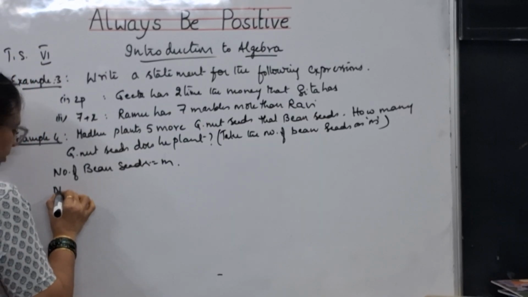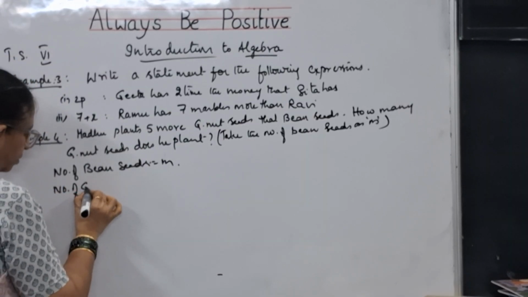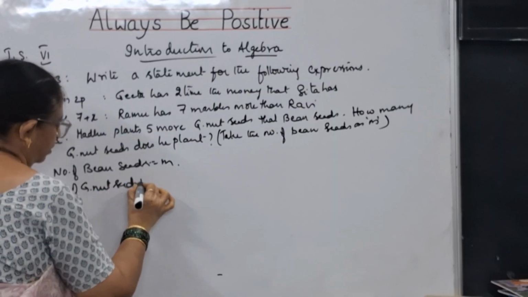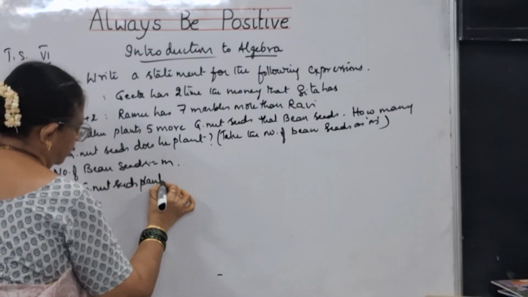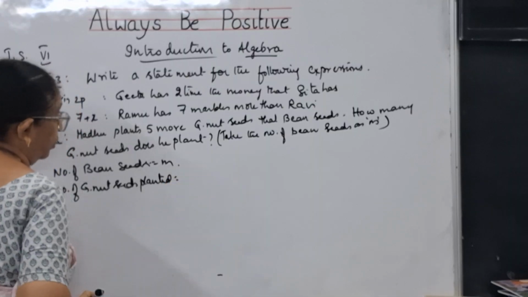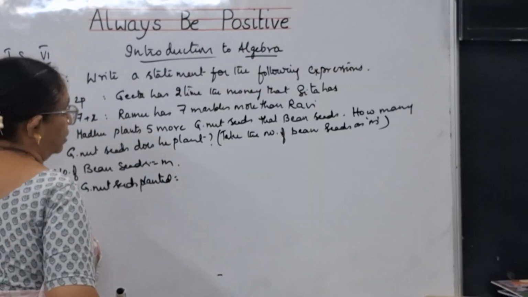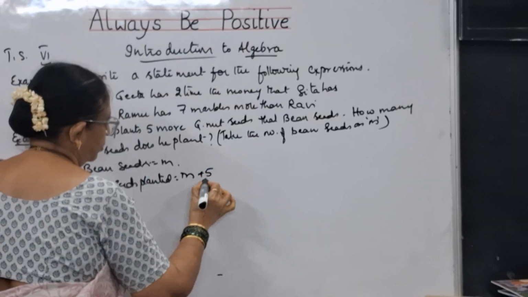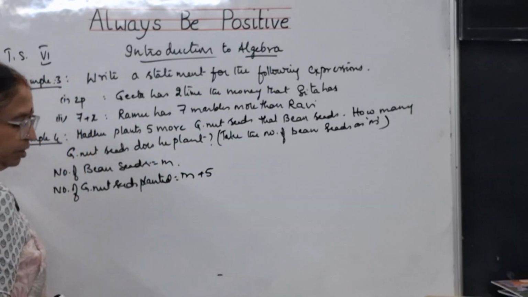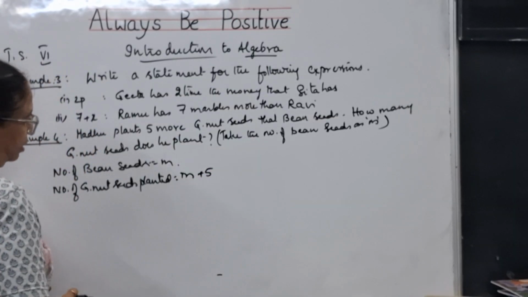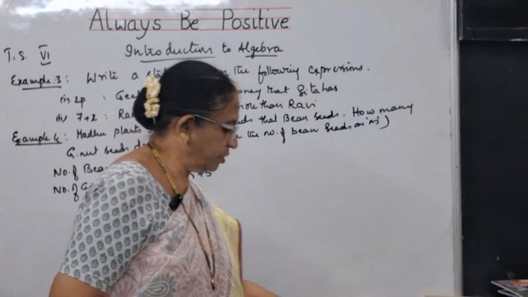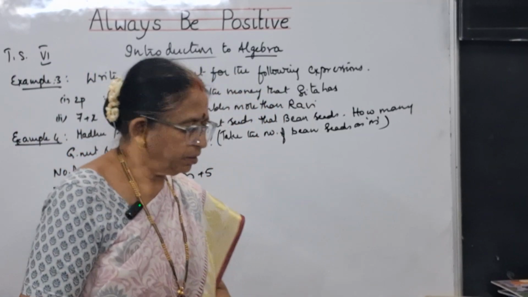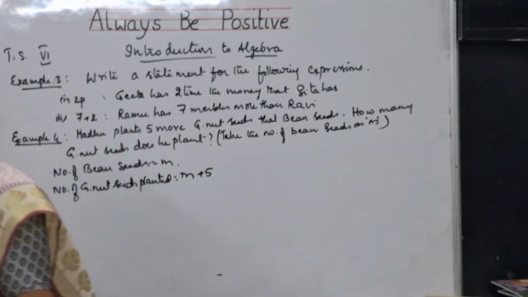So number of groundnut seeds planted is equal to 5 more than bean seeds. Where bean seeds are m and 5 more, m plus 5. This is the answer for this, children. Please copy these two examples. Then we'll go to exercise 9.2.